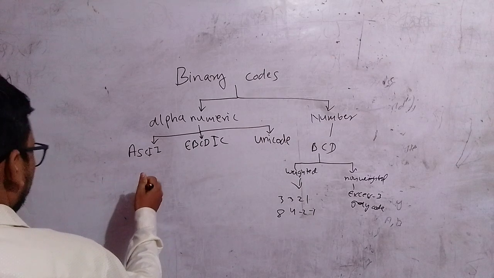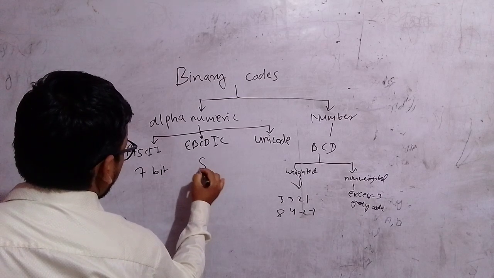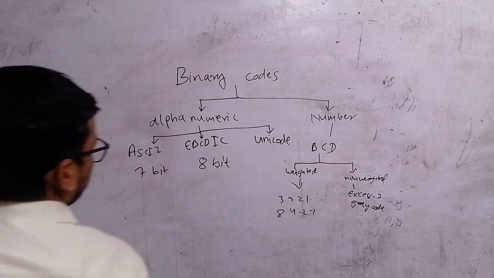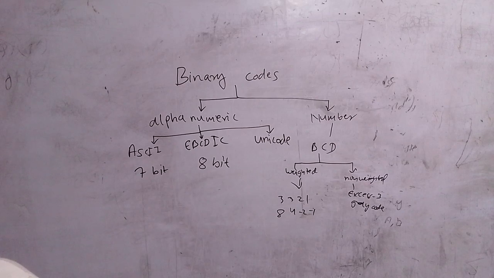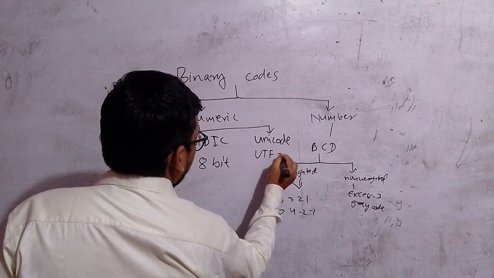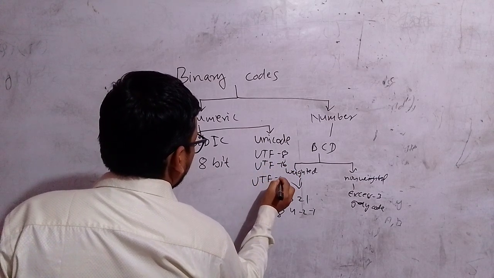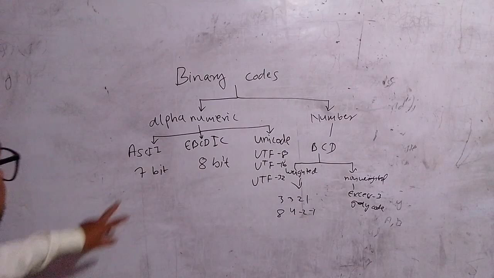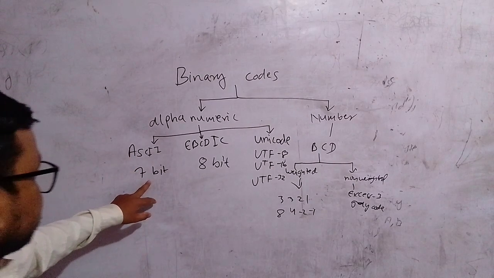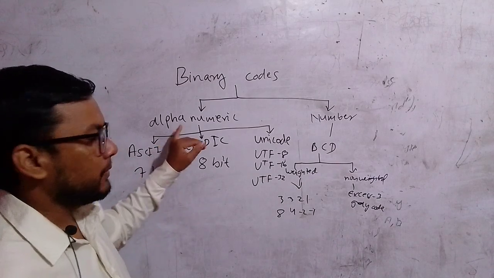ASCII uses 7-bit representations, EBCDIC uses 8-bit representations, and Unicode has UTF-8, UTF-16, UTF-32. Now ASCII means 7-bit. 7 bits are used to represent an alphanumeric character.